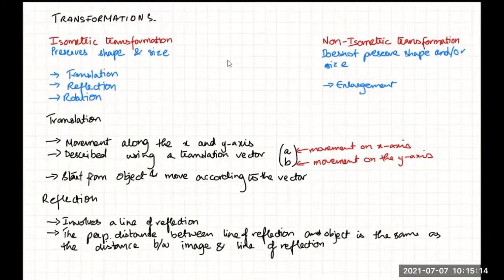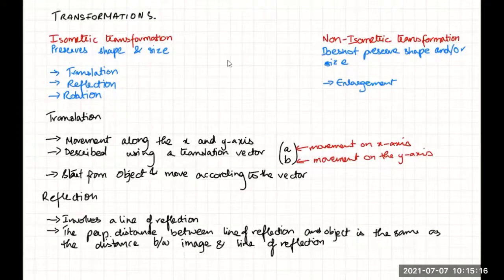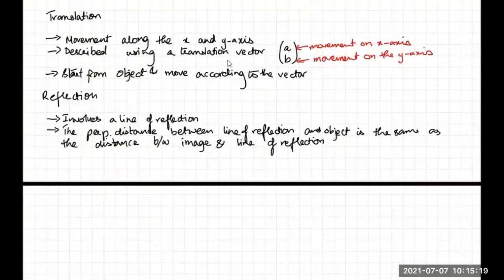Okay, let me just add on. Okay, object and image are on opposite sides of the line of reflection.